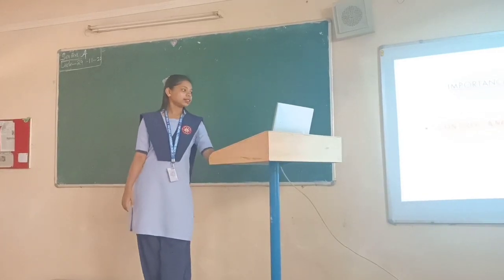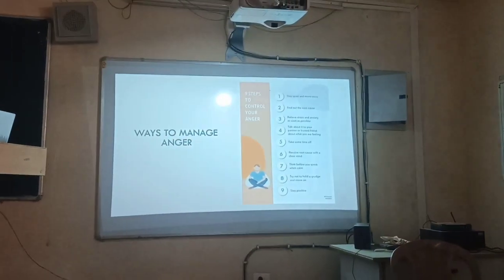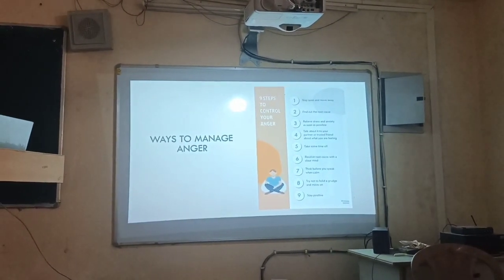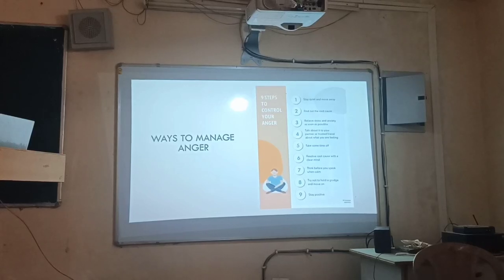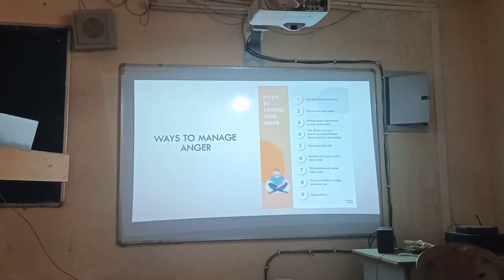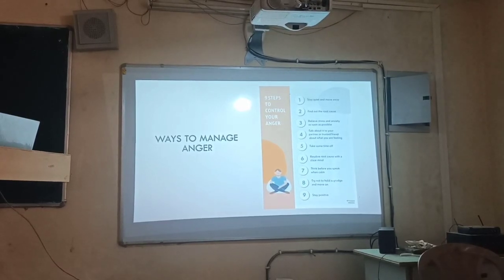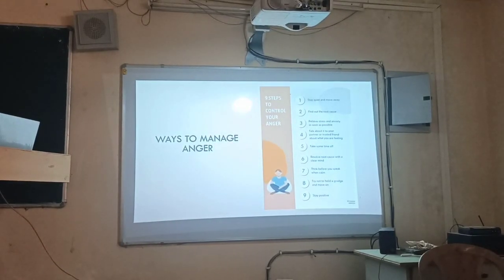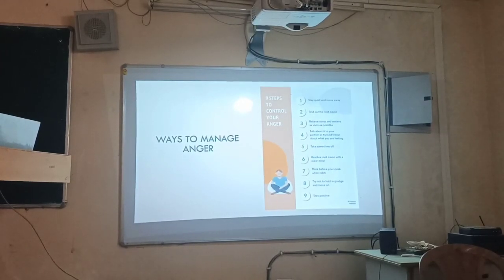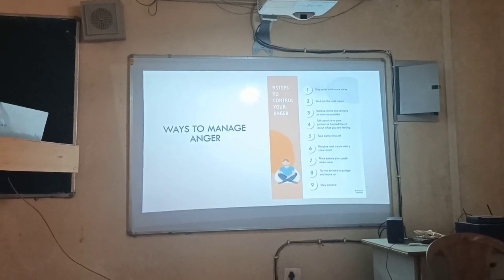So next is ways to manage anger. Here are some tips on how we control our anger. Here are the 9 steps. First is stay quiet and move away. When we are angry, sometimes out of anger we say bad words.